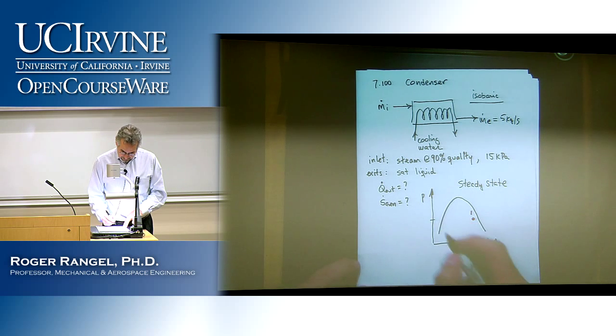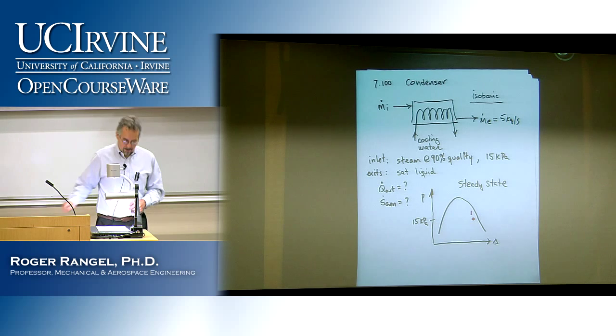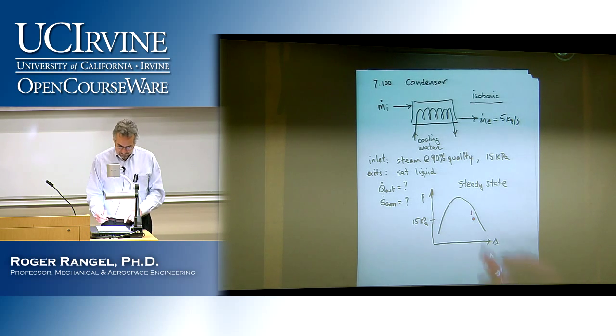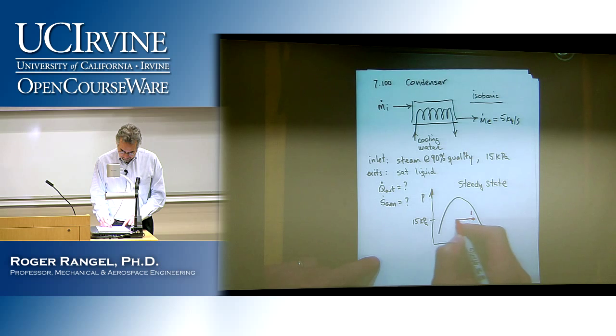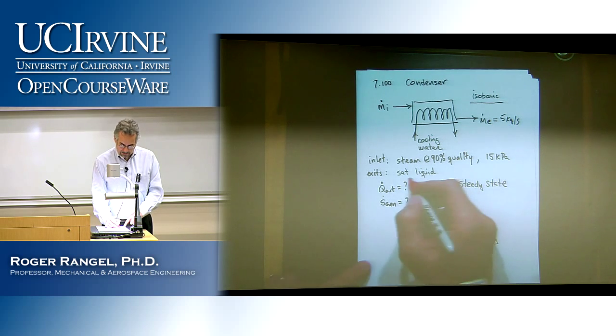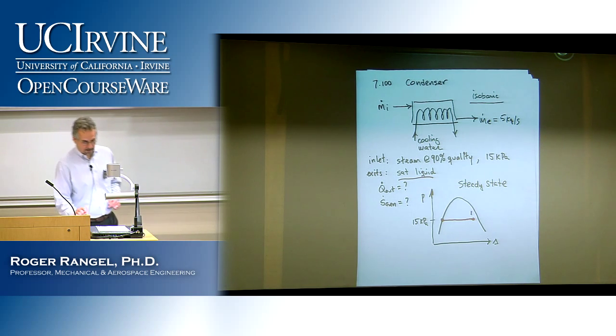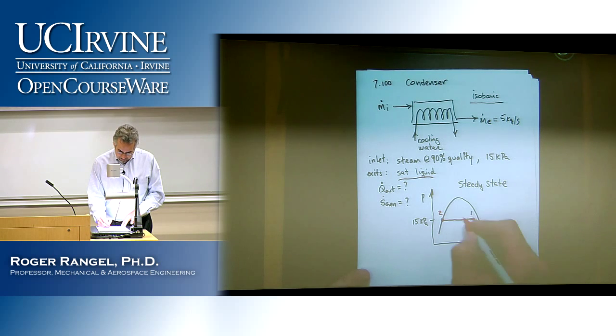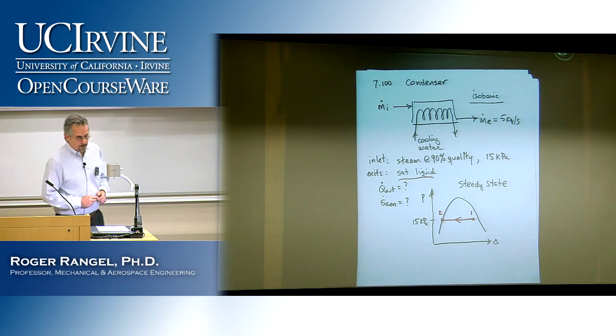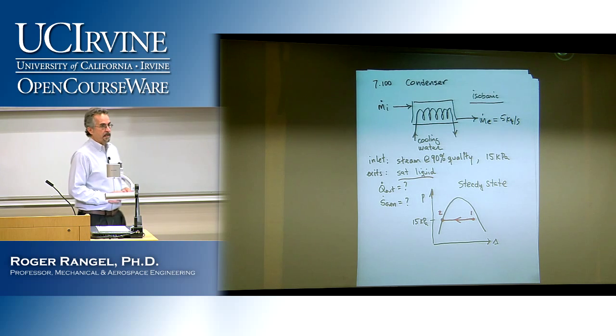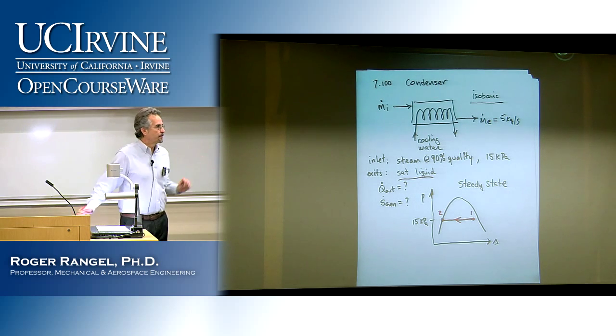It's isobaric, 15 kilopascals, so it has to be a horizontal line that ends at saturated liquid, because they tell us that it ends at saturated liquid. So that's 2. That's the process undergone by the steam as it goes through the condenser.